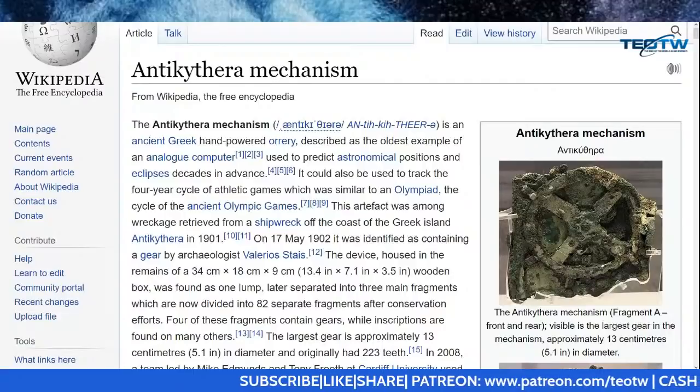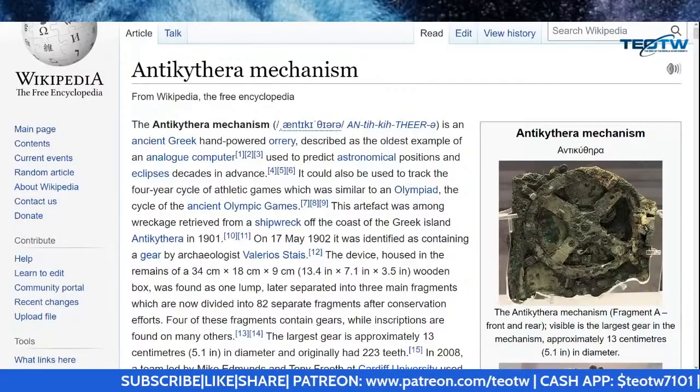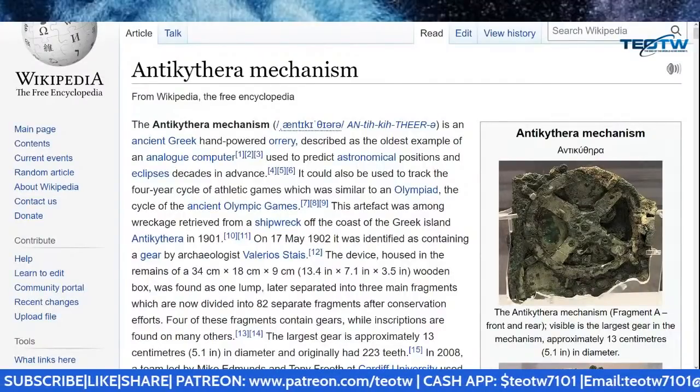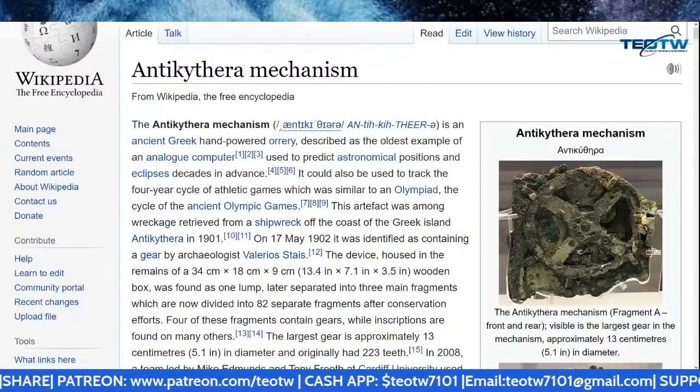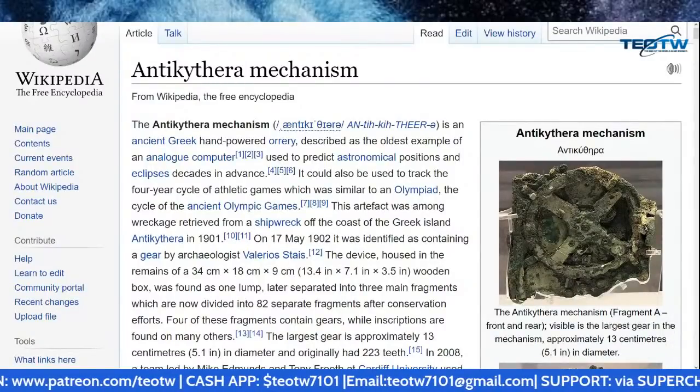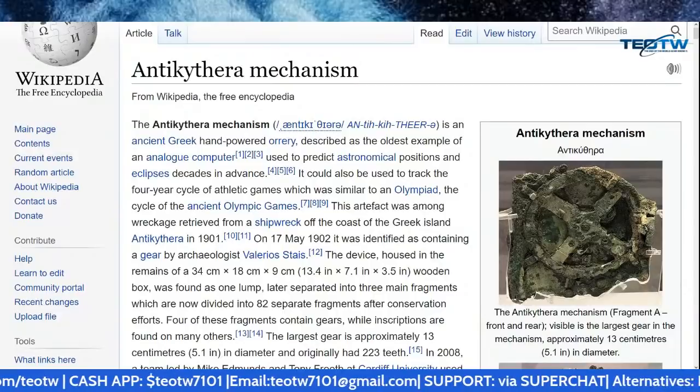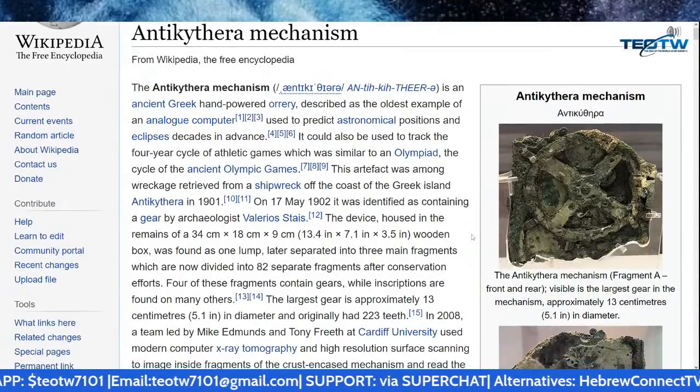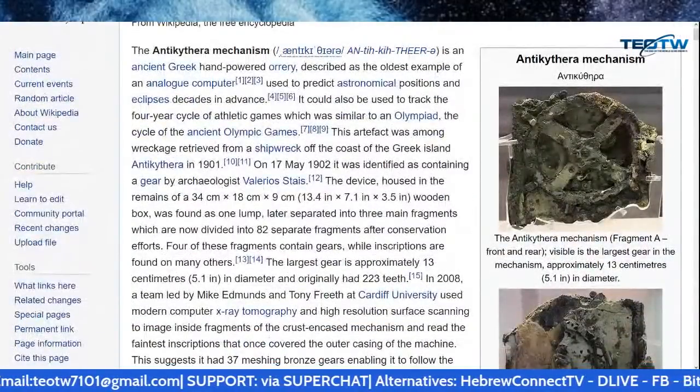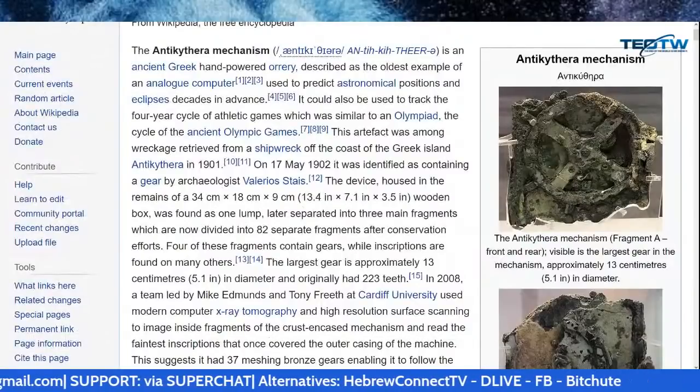This artifact was among wreckage retrieved from a shipwreck off the coast of the Greek island Antikythera. I don't know if I pronounce it right, but that's how I pronounce it. On May 17, 1902, it was identified as containing a gear by archaeologist Valerio Stais.